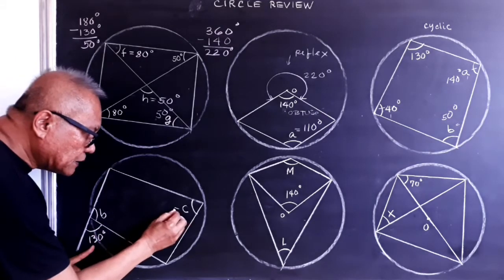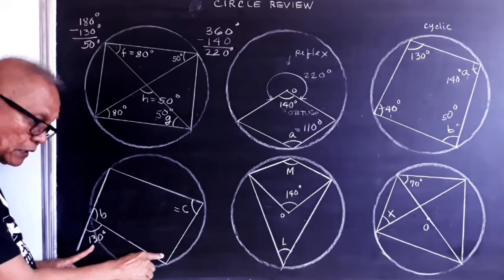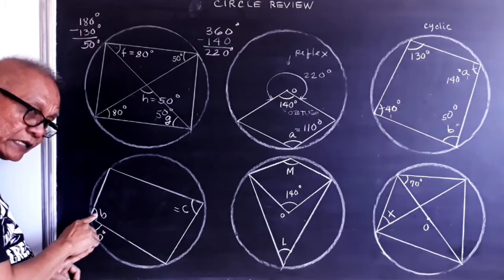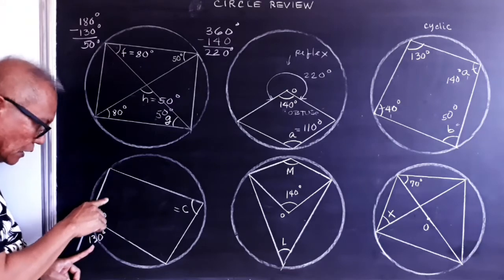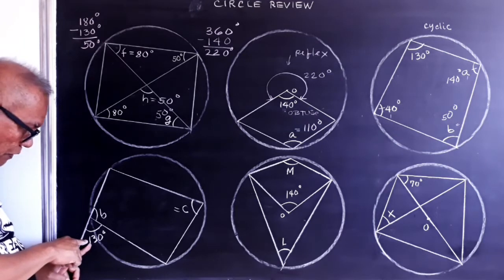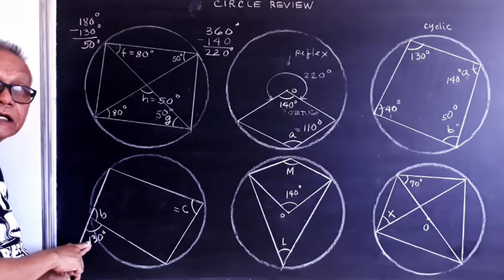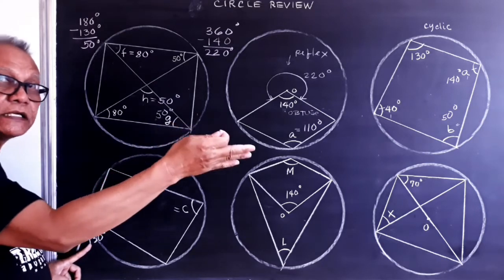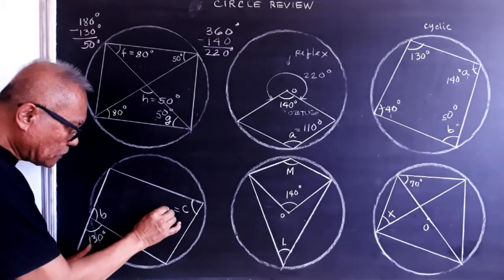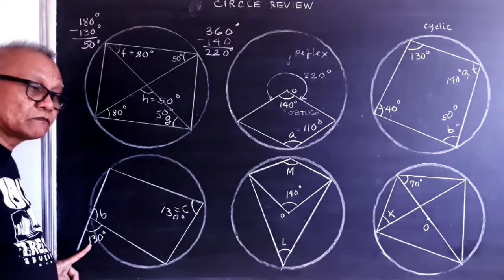This one is not the opposite angle here, it's the exterior. Actually, this one is the exterior angle of our cyclic quadrilateral. Exterior means outside, so this is also 130 degrees without computation.